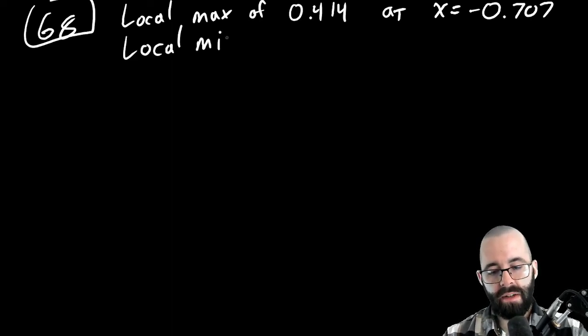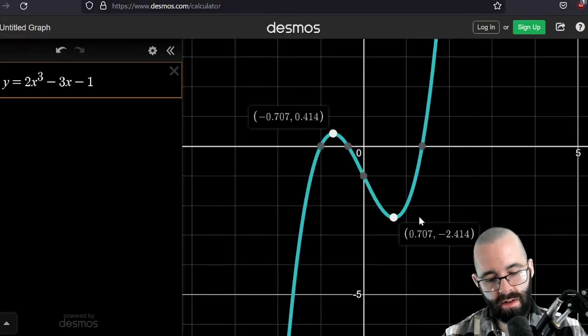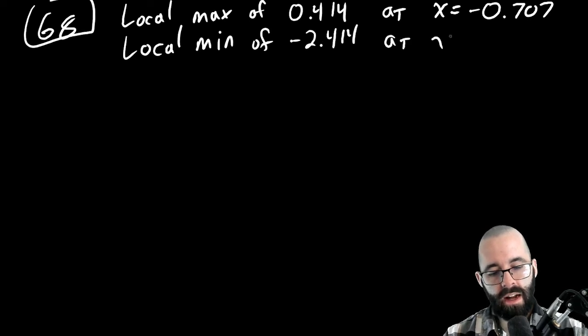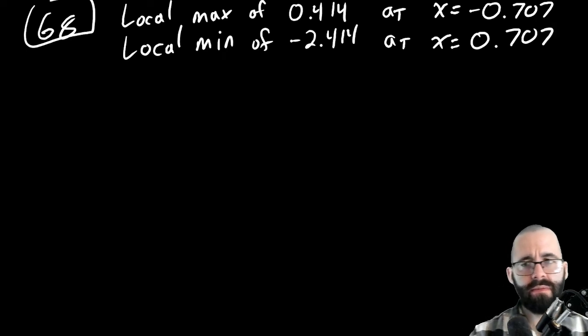There's a local minimum of -2.414 at the x coordinate, which is positive 0.707.